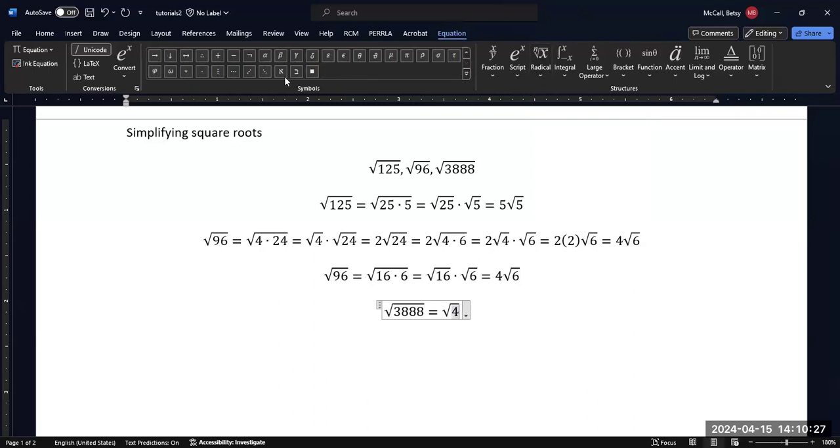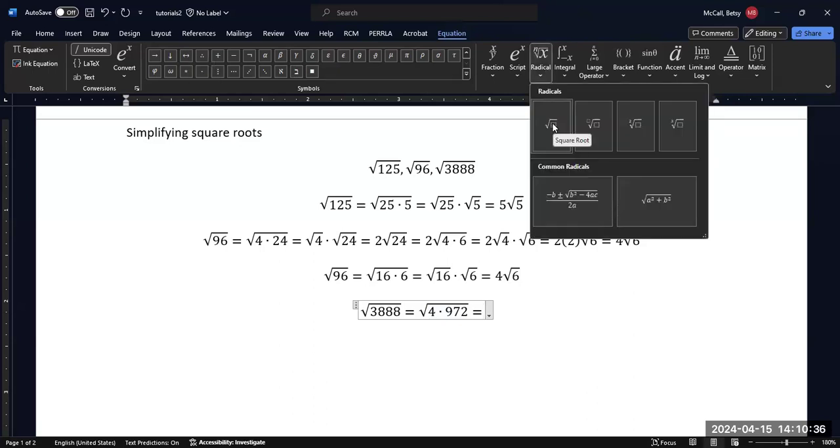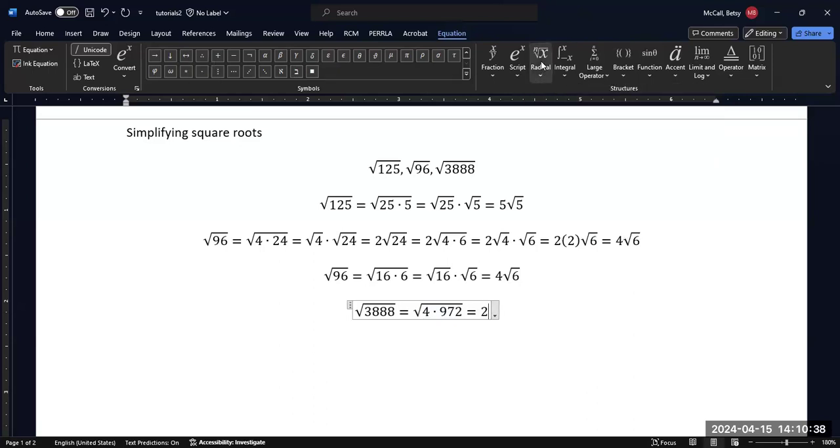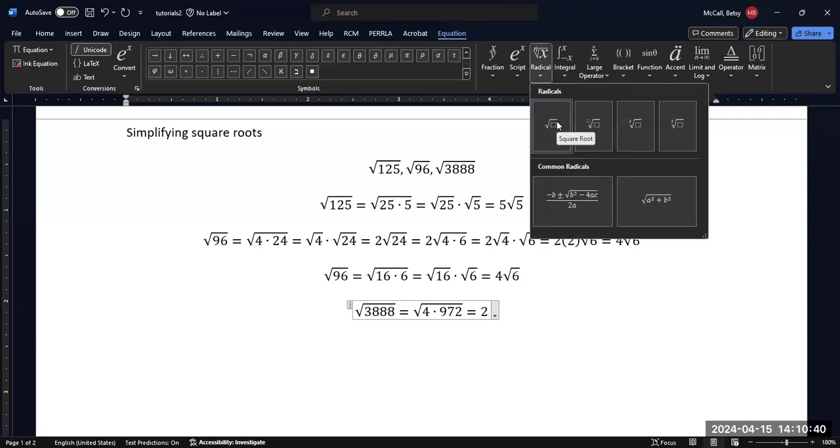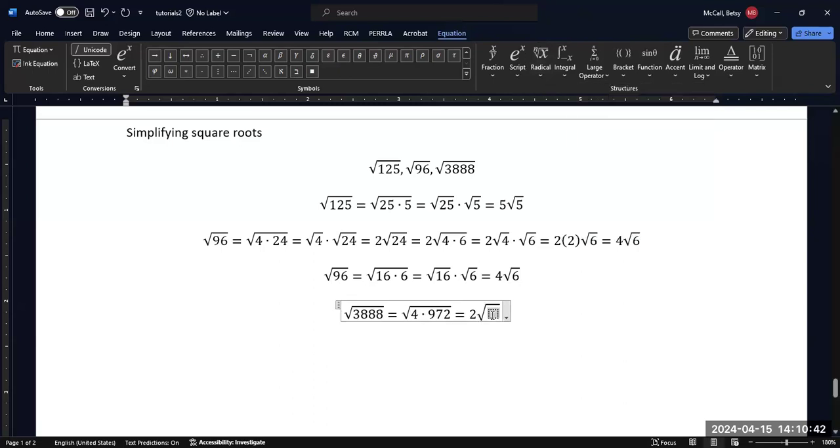That is going to give me 4 times, according to my calculator, 972. And so that is going to get me 2, since the square root of 4 is 2, and the square root of 972. Well, clearly 972, I also think is divisible by 4 because 72 is divisible by 4.